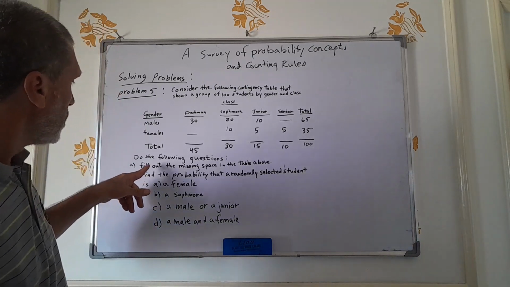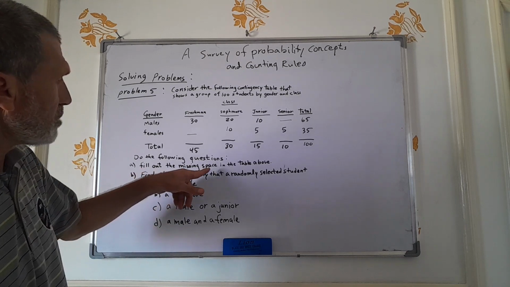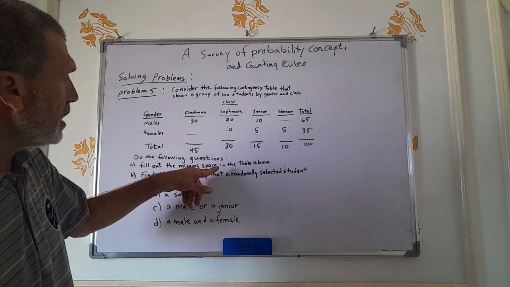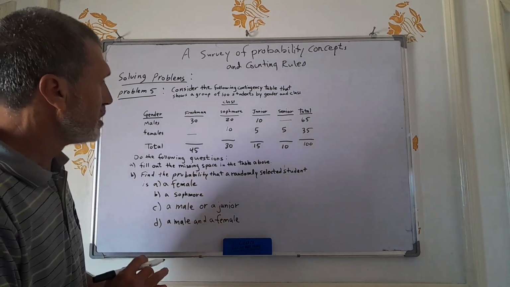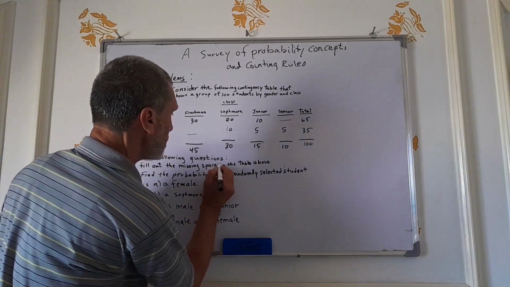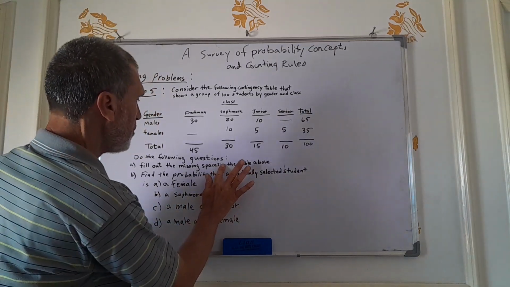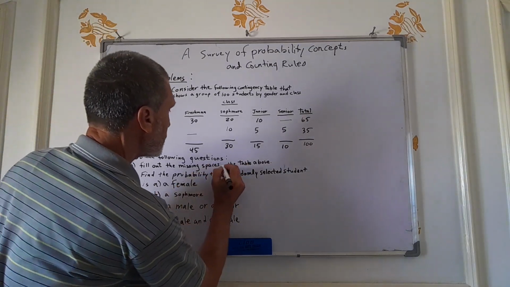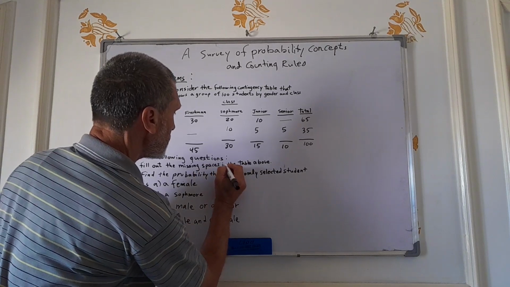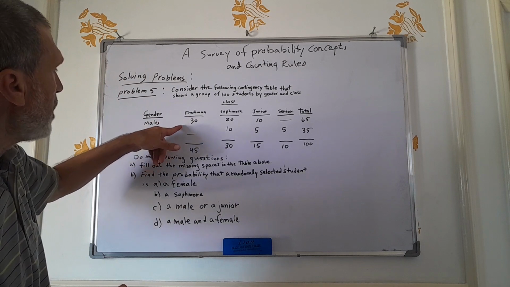Now look over here. Do the following. First, A, fill out the missing spaces in the table above. Now, for freshmen, we have 30 males.